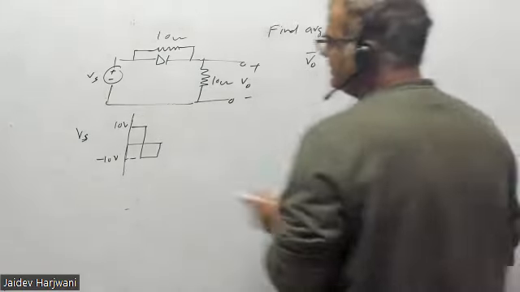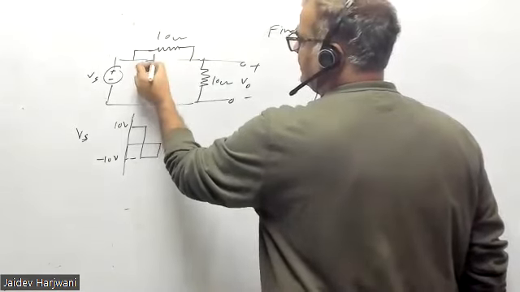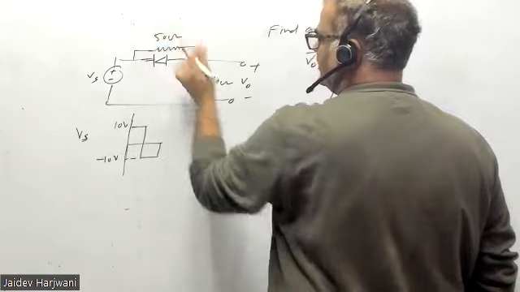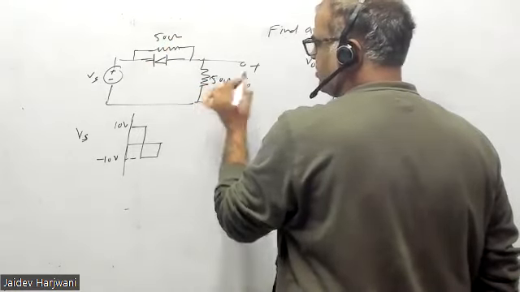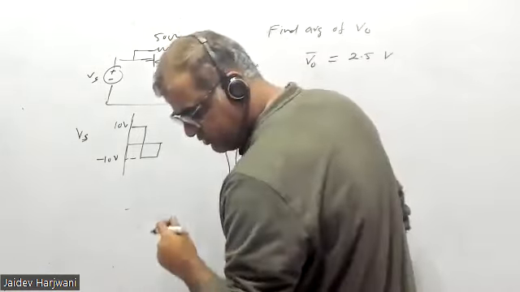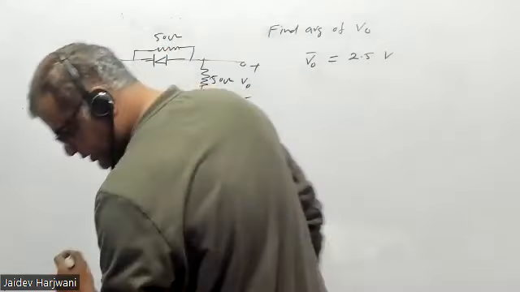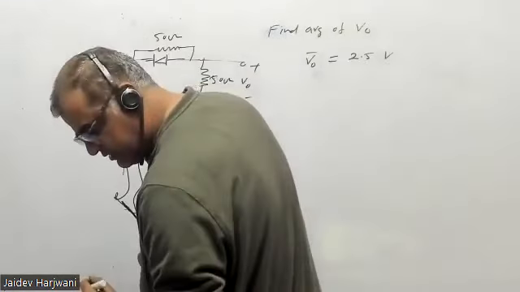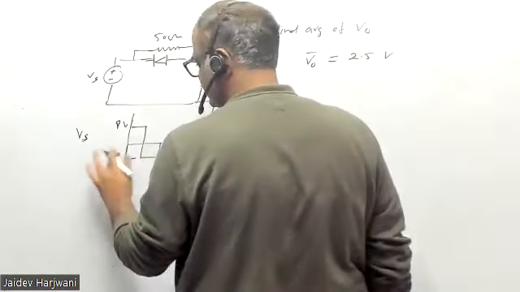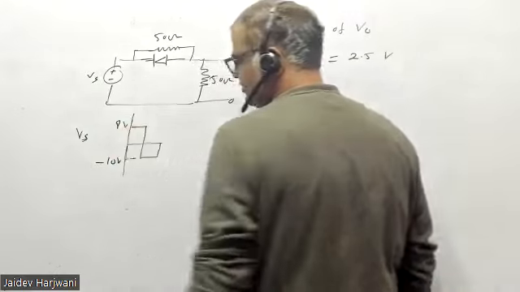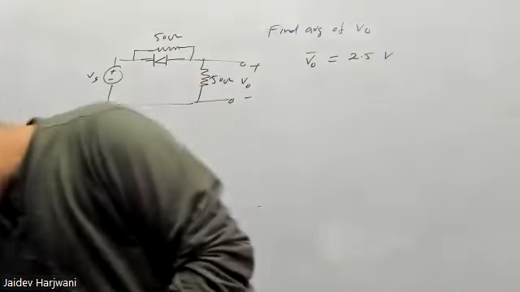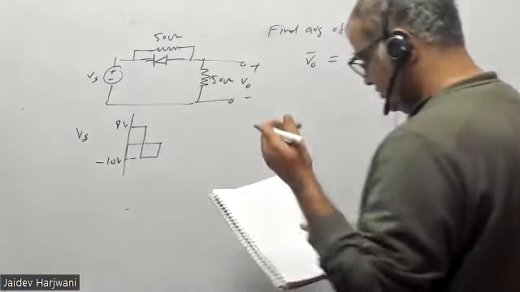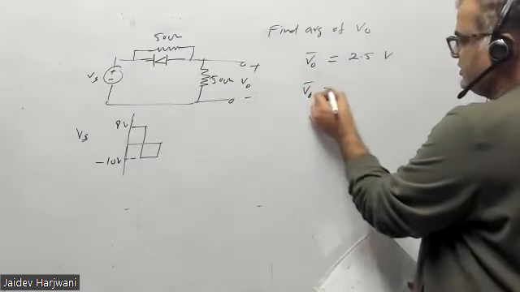In the second problem I am reversing this one, and I'm putting 50 ohm here. I am giving you a square wave of 8 volt, and on the negative side I'm giving you minus 10 volt. Similar type of question, and the average value answer also I'm giving you. You can find the average value of V naught is minus 3 volt.